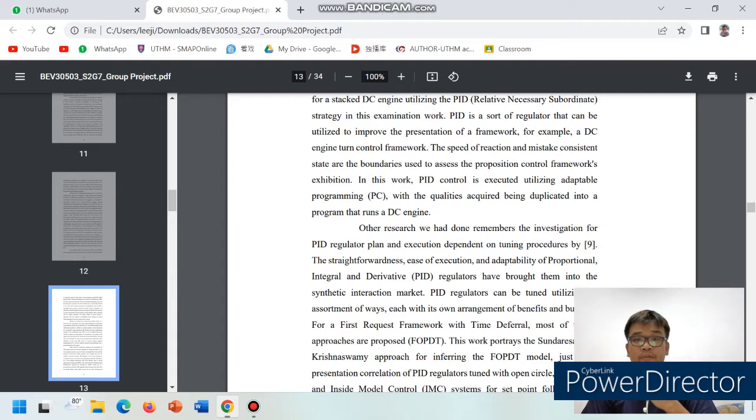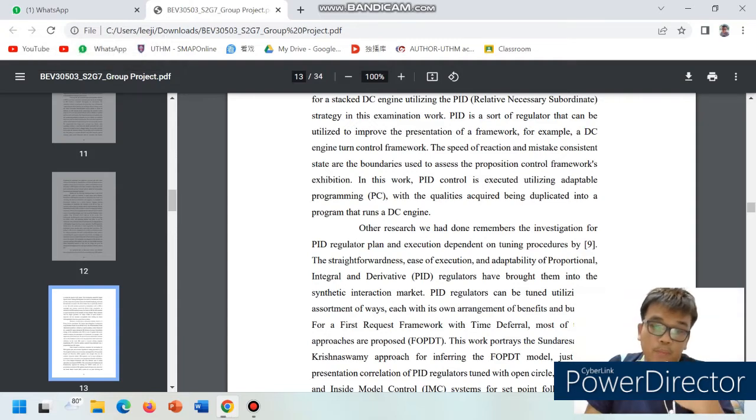Other research we have done includes the investigation of PID regulator performance based on tuning procedures. The straightforwardness of execution and adaptability of proportional, integral, and derivative regulators have brought them into the synthetic interaction market.